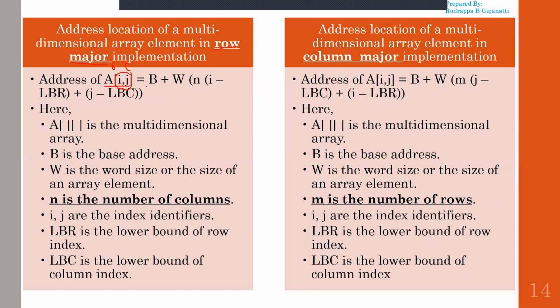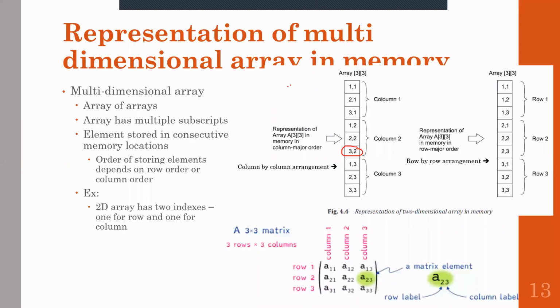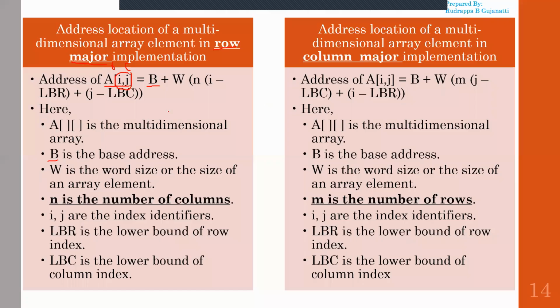In this case, we first need to identify the base address, which is denoted by B. Here we were specifying that it is say 6,000. So 6,000, which is the address of the first element in the array, will serve as the base address.